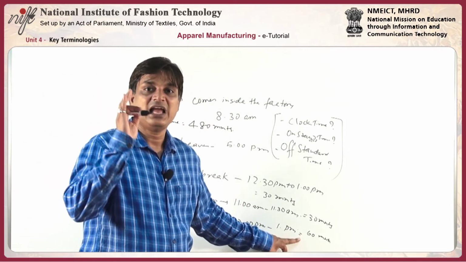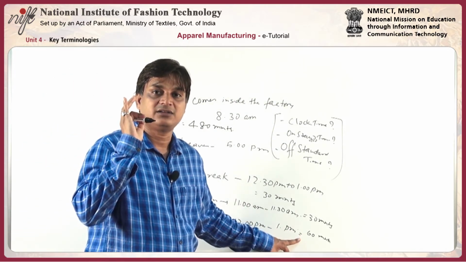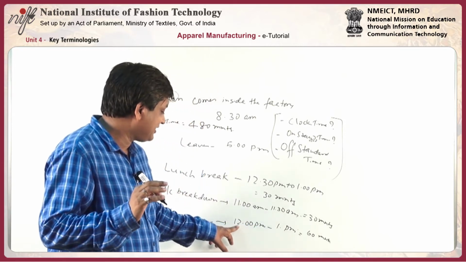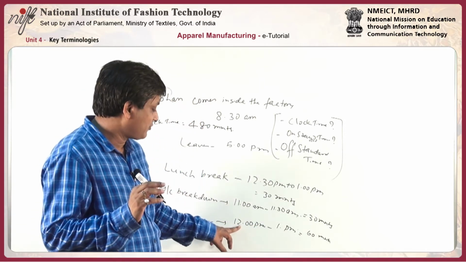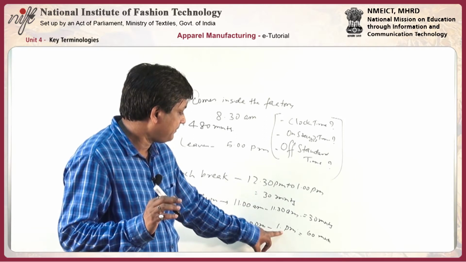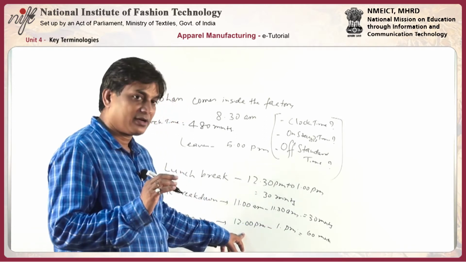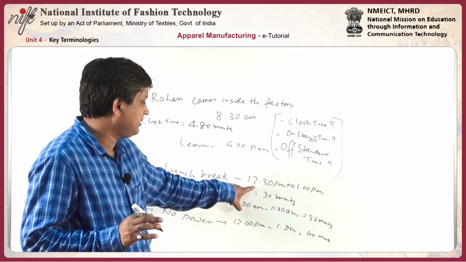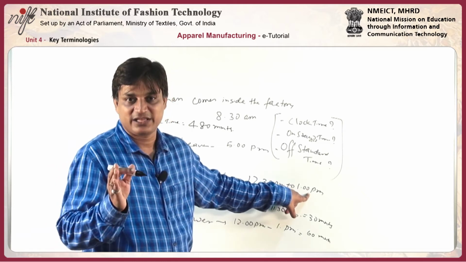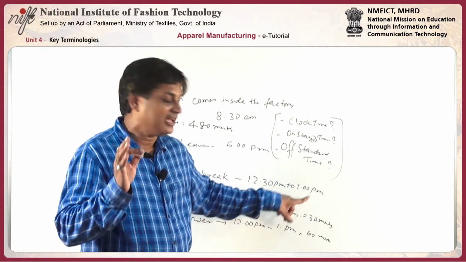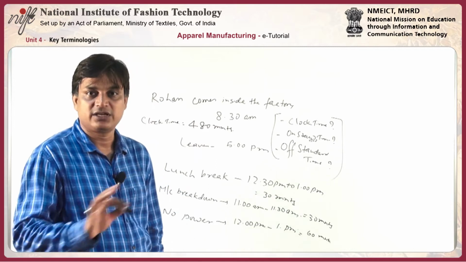But we have to be very sure that there is an overlap. From 12 p.m. to 1 p.m. there is no power, but from 12:30 p.m. till 1 p.m. there is a lunch break. So during lunch break there is no power, that's not a problem.